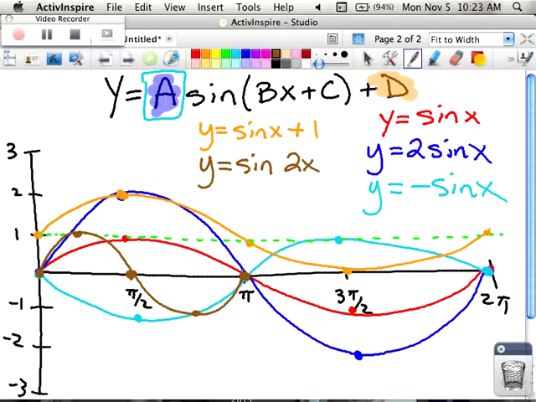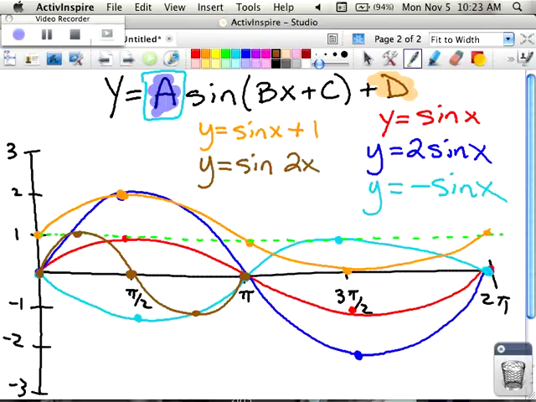Notice that in the normal red sine graph, it took 2 pi to get done when you had y equals sine x. Now that you have y equals sine of 2x, you're getting done with 1 mountain and 1 valley in pi for the period. You're finishing your mountain and valley in half the time because you're going twice as fast.